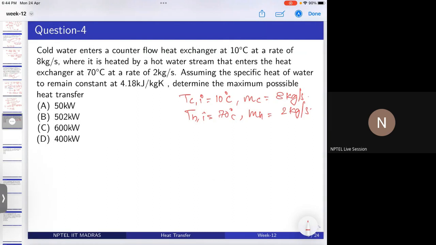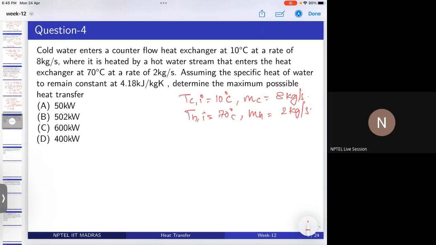Sir, the heat capacity rate is the minimum and the temperature difference is maximum. Yes. Basically, the cold fluid will rise to the inlet temperature of the hot fluid. That's the maximum heat transfer that can happen, right?